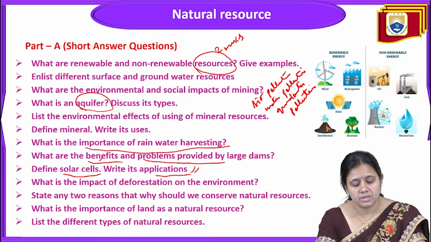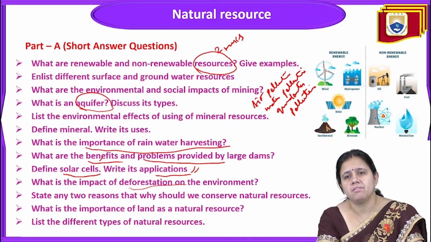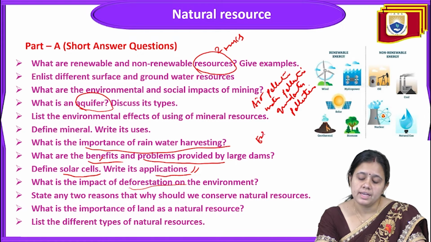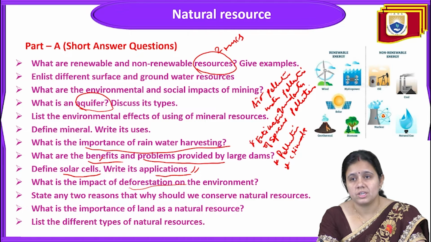Next is, what are the impacts of deforestation on the environment? Deforestation has many drastic impacts on the environment, means many negative effects. First one is the extinction of species. Next is pollution. Then climate change.